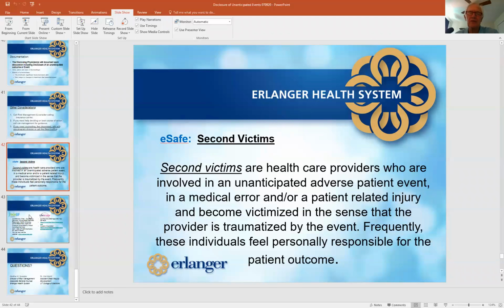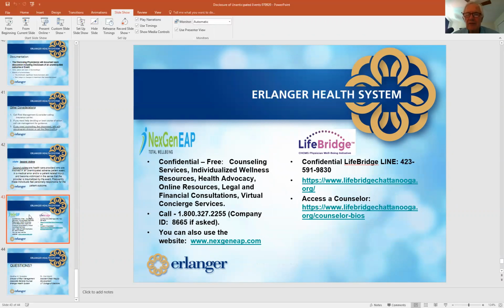You can get counseling through NextGen EAP, and all you have to do is talk with your program director, or you can even call over to the UT College of Medicine and talk with Pam Scott, and we will get you set up with NextGen EAP, which will do short-term counseling for you, and also will provide long-term counseling, but that's a little bit different. Short-term counseling for this specific incident.